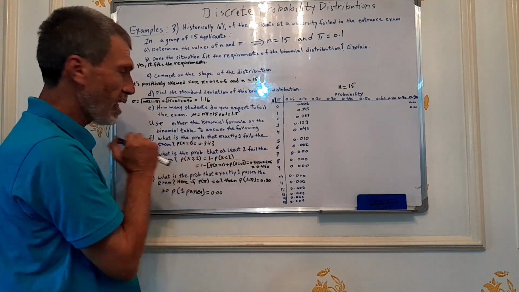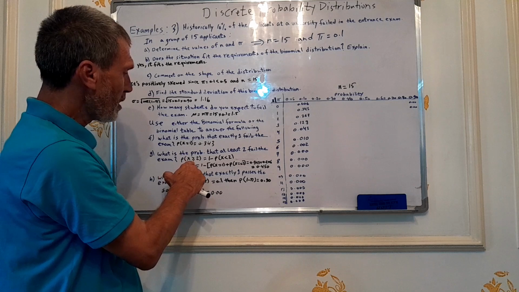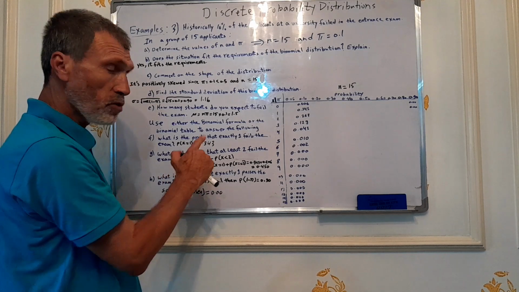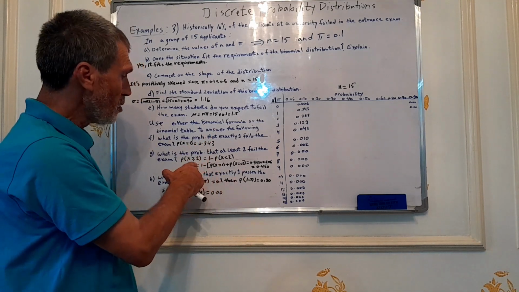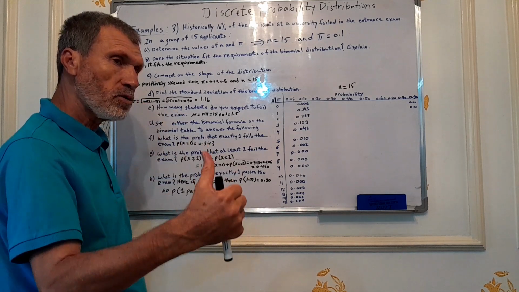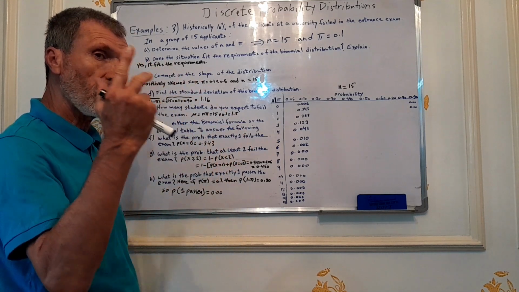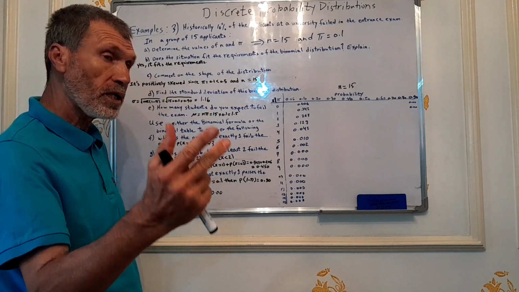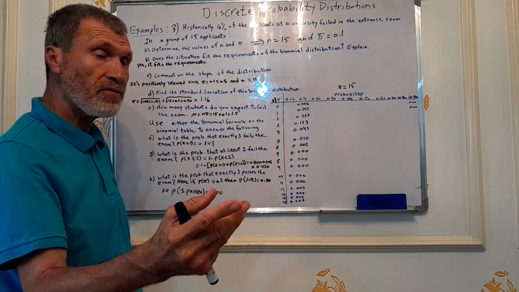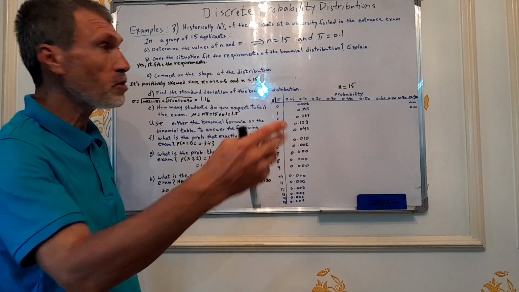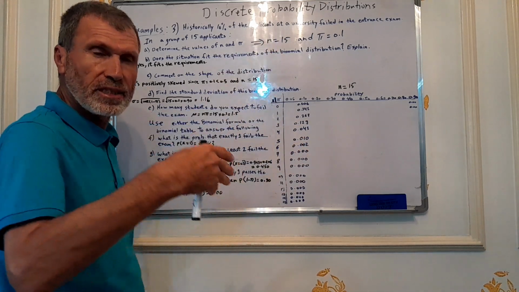If you don't use the complement, then you're going to calculate probability of x equal 2 plus probability of x equal 3 plus probability of x equal 4 plus probability of x equal 5, all the way to the probability of x equal 15. So it is so lengthy.